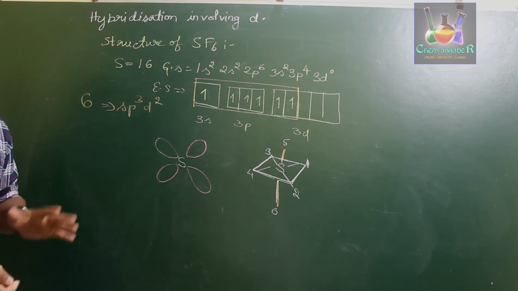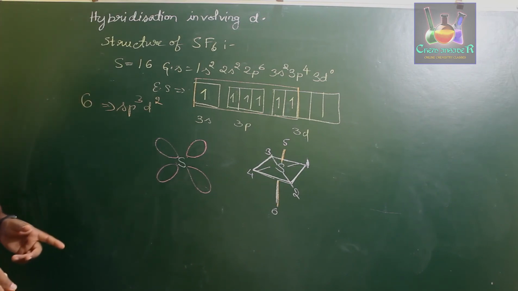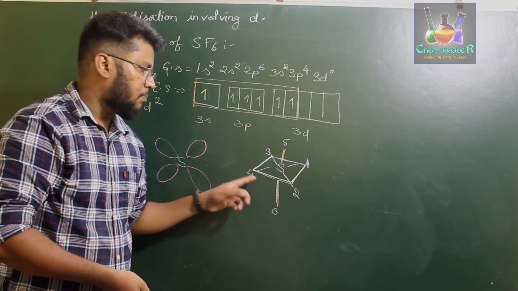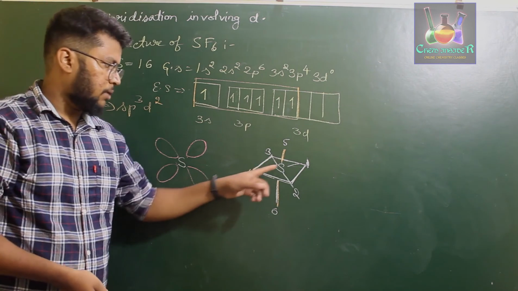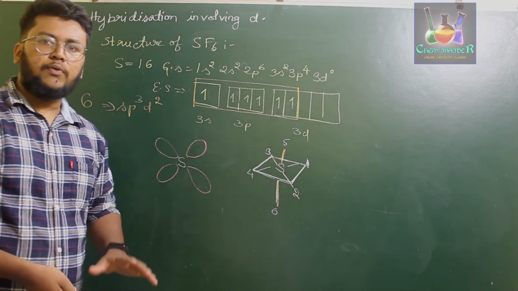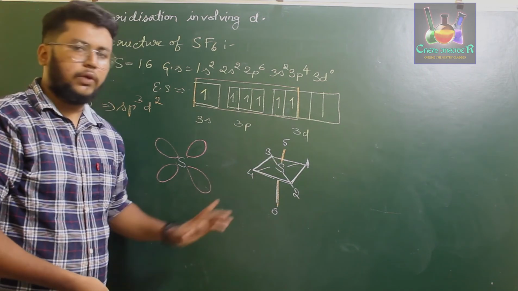Out of the six sp3d2 hybrid orbitals, four are present in one plane, and two of them will be present above and below the plane, equidistant when compared to the equatorial positions also.